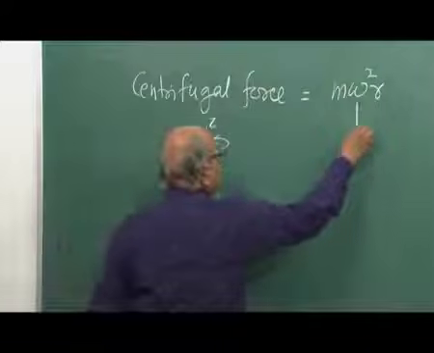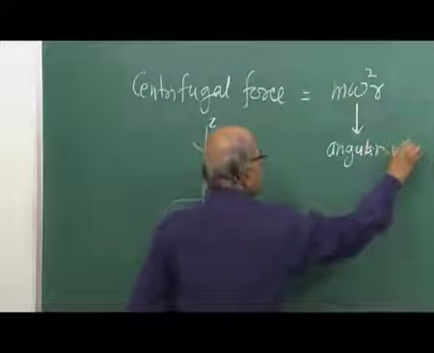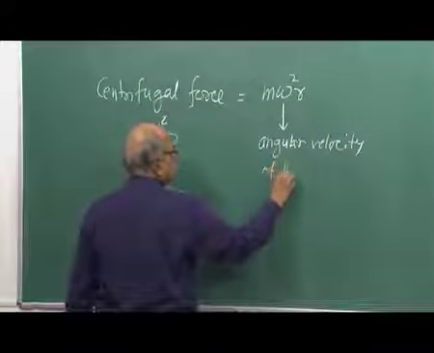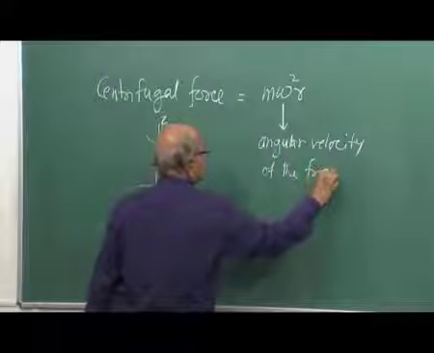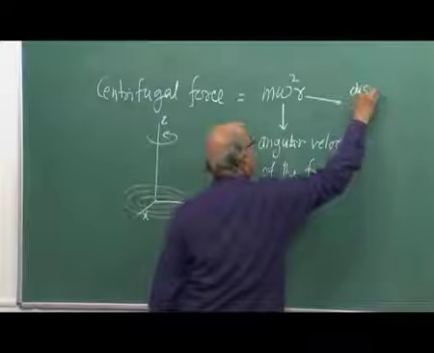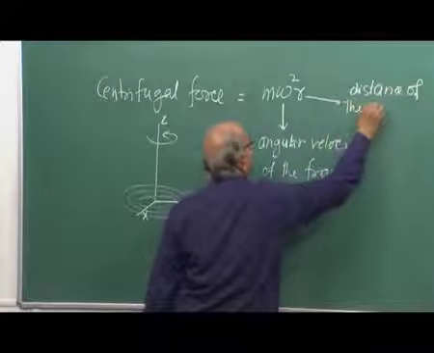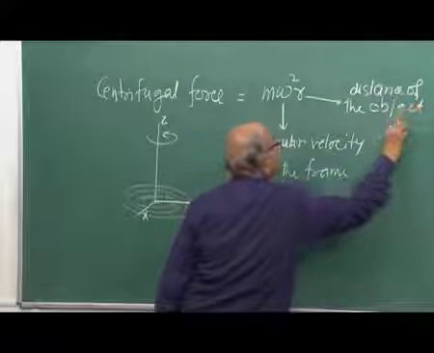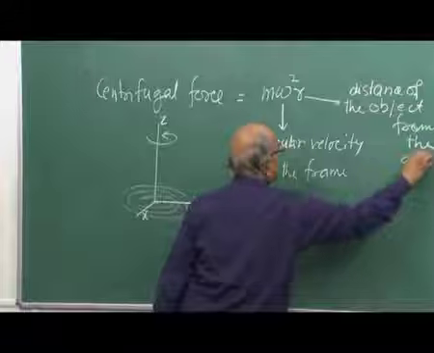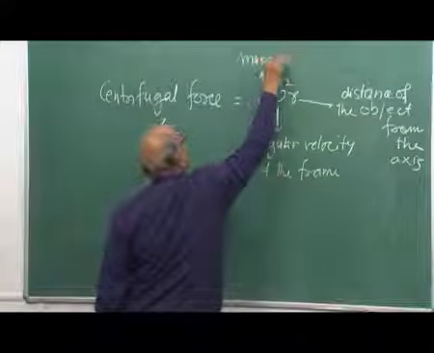So omega is the angular velocity of the rotating frame, and this r is the distance of the object from the axis of rotation, and this m is of course the mass of the object.